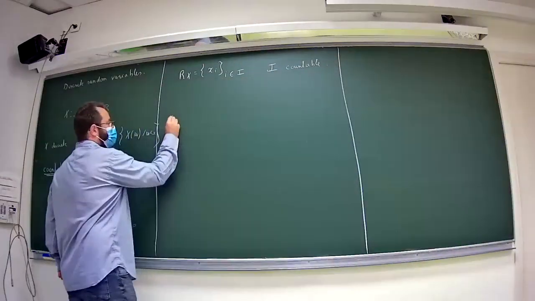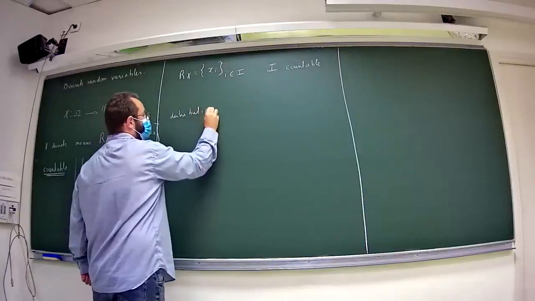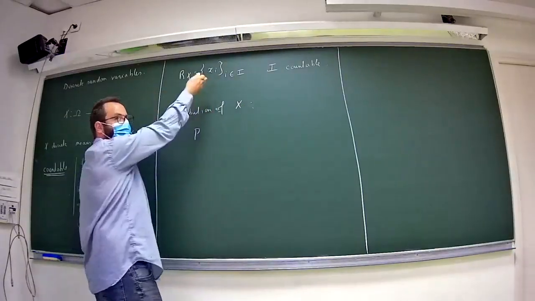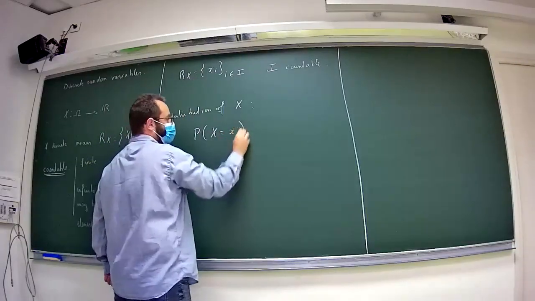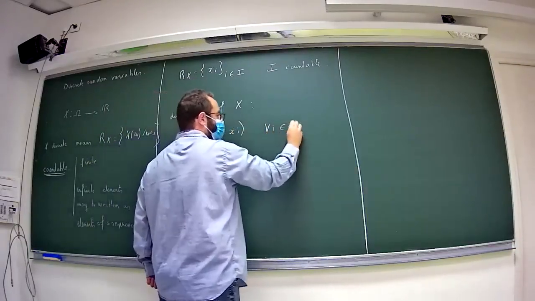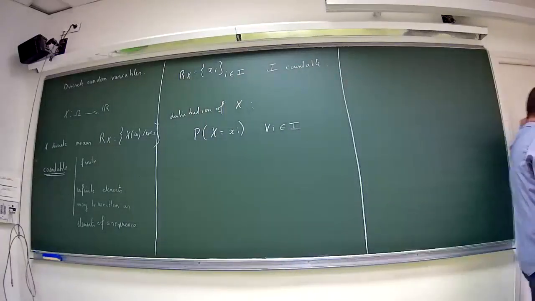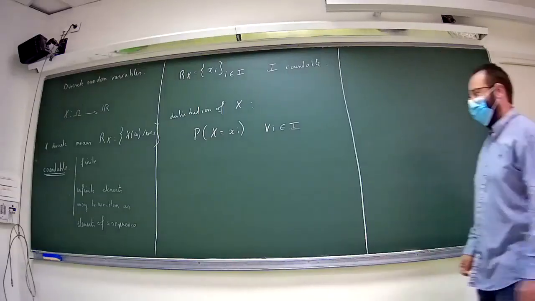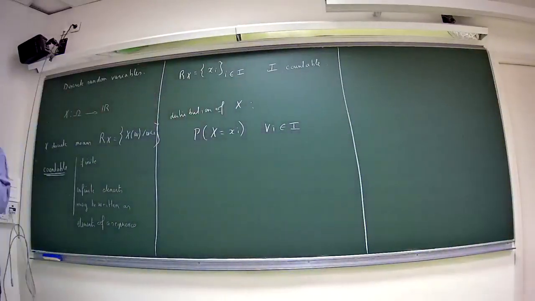So the distribution of X may be characterized in my situation and with my notations by this, for all i belonging to capital I. Okay, so if you know this one, you will know all the distribution of capital X.